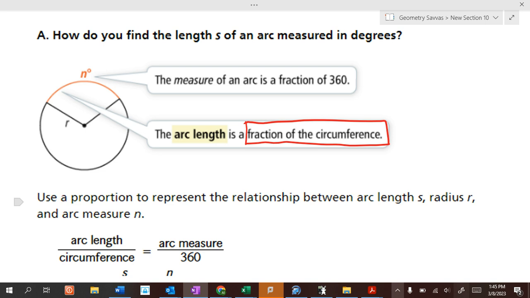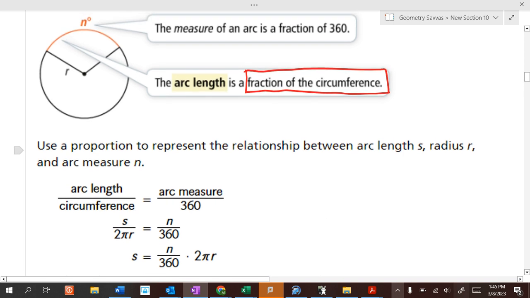Okay? So the arc length depends on the radius of the circle and the arc measure.